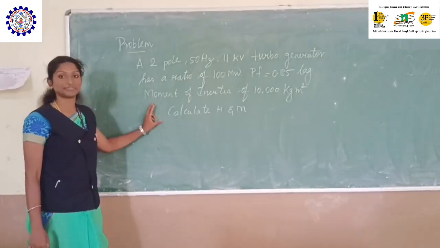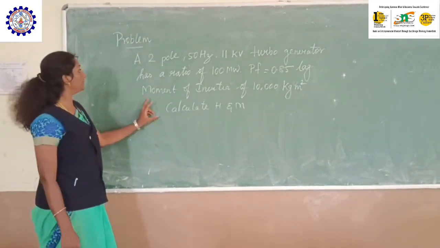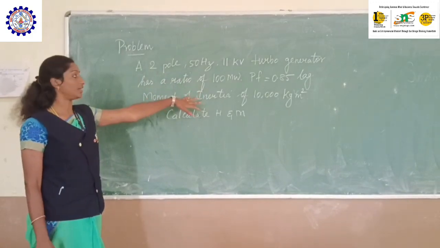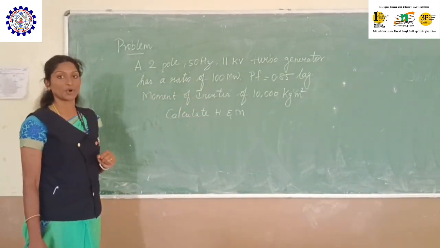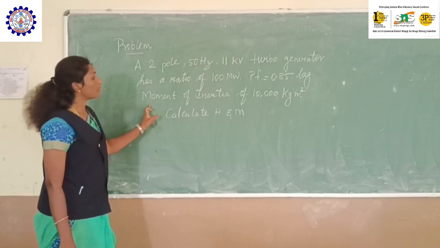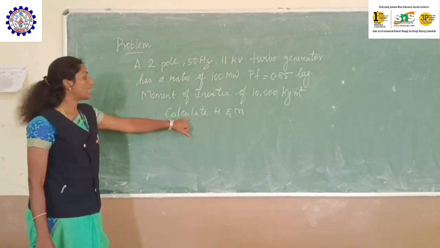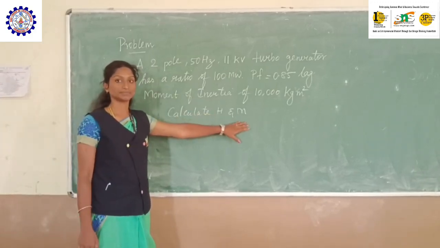So today, as a part of our lecture series in constant analysis, we are going to solve a problem where a 2-pole 50 Hz 11 kV turbo generator has a rating of 100 megawatts and power factor 0.85 lagging and moment of inertia is 10,000 kilogram meter square, and where we have to calculate inertia constant and moment of inertia.